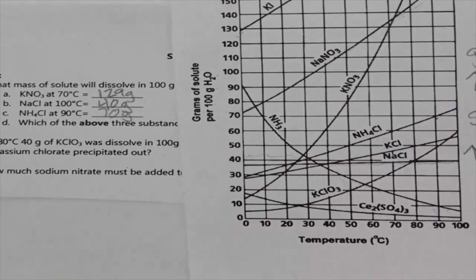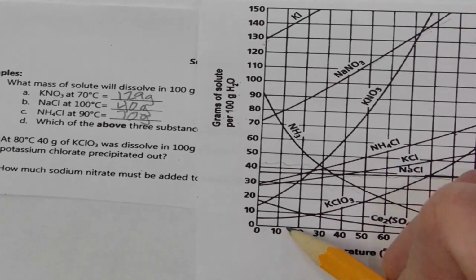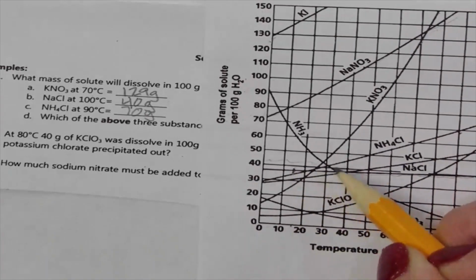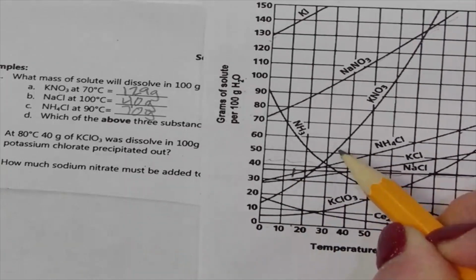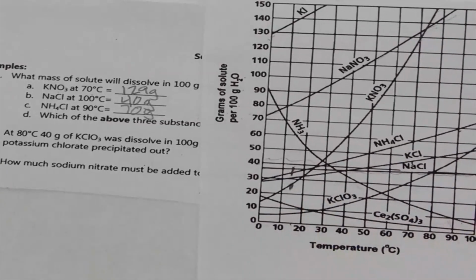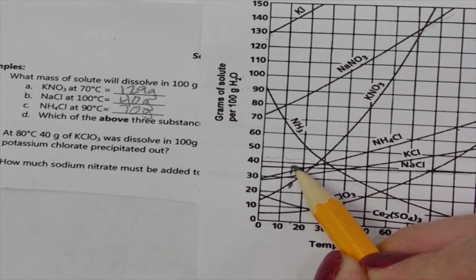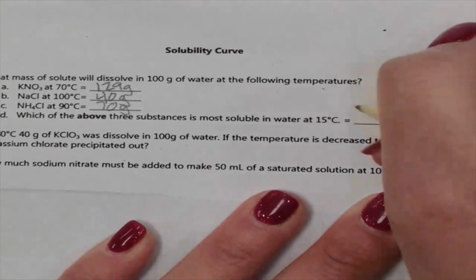So I have to look here at my solubility curve, and at 15 degrees Celsius, I'm going to find my sodium chloride, which is right here, my ammonium chloride, which is right below sodium chloride, and my potassium nitrate, which is right here. So I see out of these three substances that my sodium chloride, in fact, is the most soluble at 15 degrees Celsius.